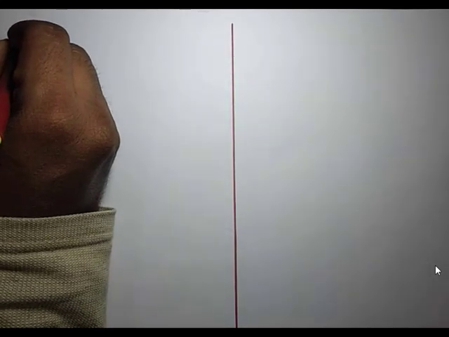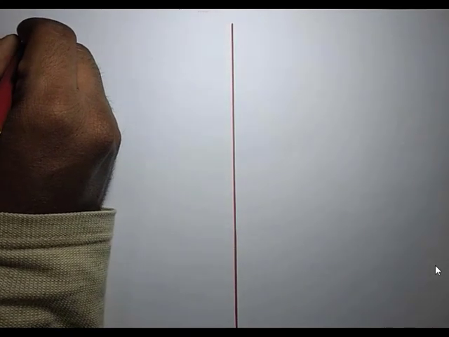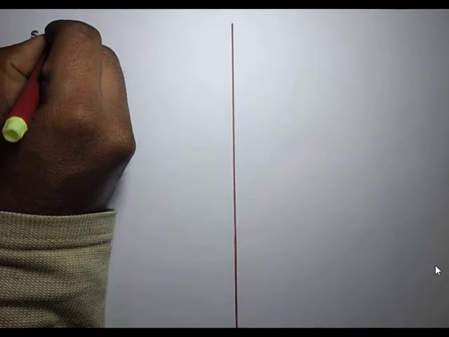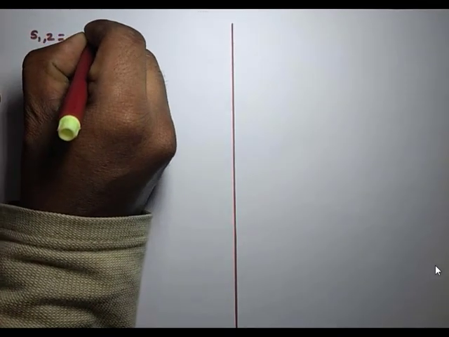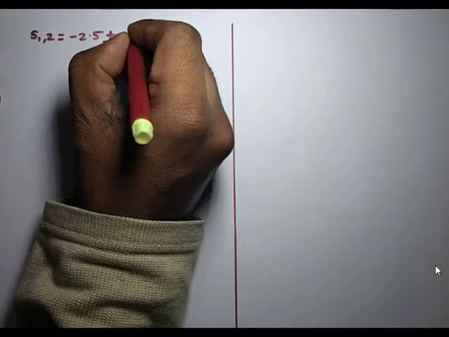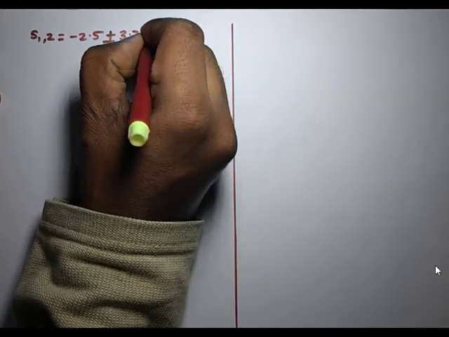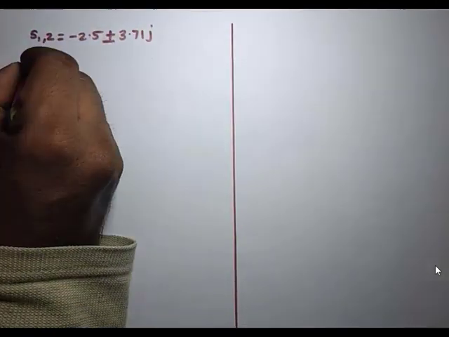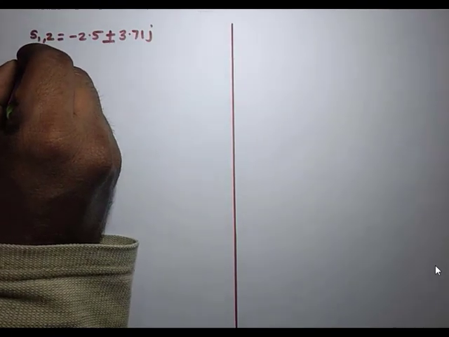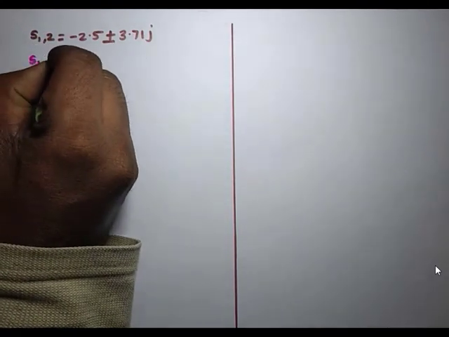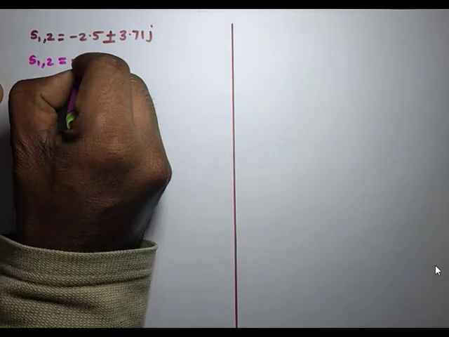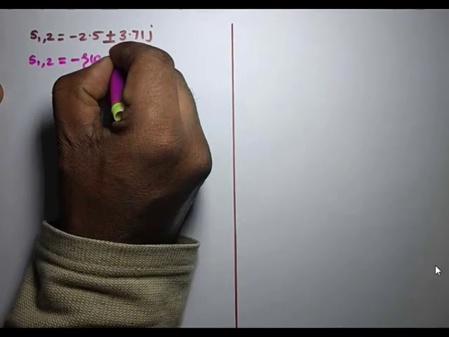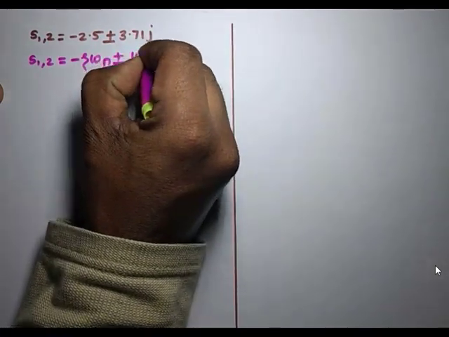Now the same damped natural frequency can be obtained from the roots. If you rewrite the roots of the system, S12 is equal to minus 2.5 plus or minus 3.71j. Now the standard form of the roots that we already discussed in the last session is S12 is equal to minus zeta omega n plus or minus omega d j.